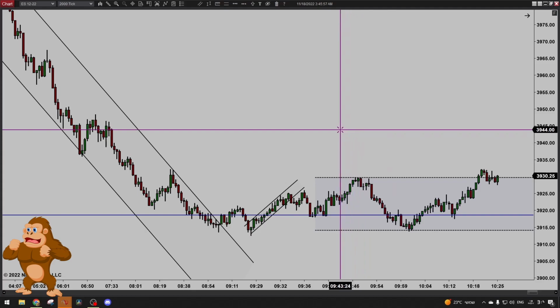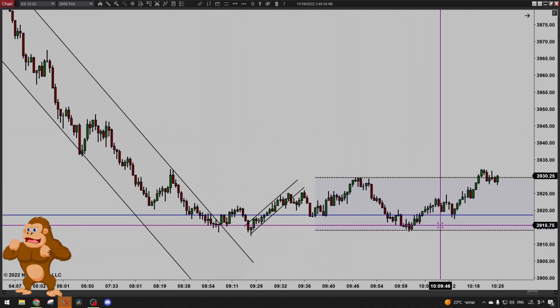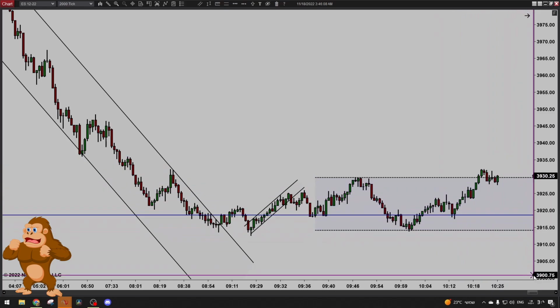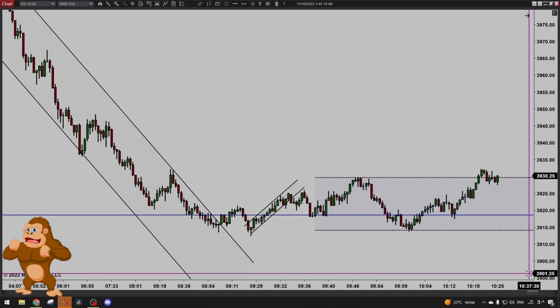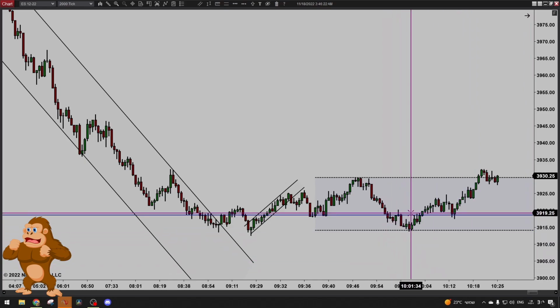Now, the highest probability setup, bear with me guys, is that when you have a channel and then you have a range, the highest probability setup is to fade the range because we are about to make a new low. Okay? Don't be the first one to jump long here. We might be facing a higher time frame pullback, and sometimes a higher time frame pullback can look like a range in 2000 tick chart.